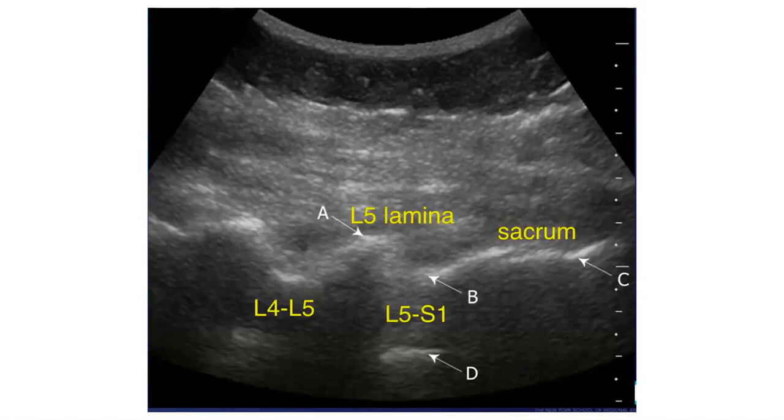Okay, so one always needs to start from the bottom up because it's much easier to identify the difference between the sacrum and when the first lamina appears. And then this will be marked as the first interspace.